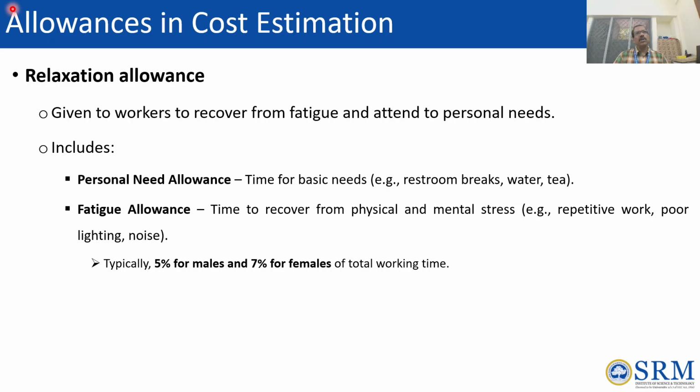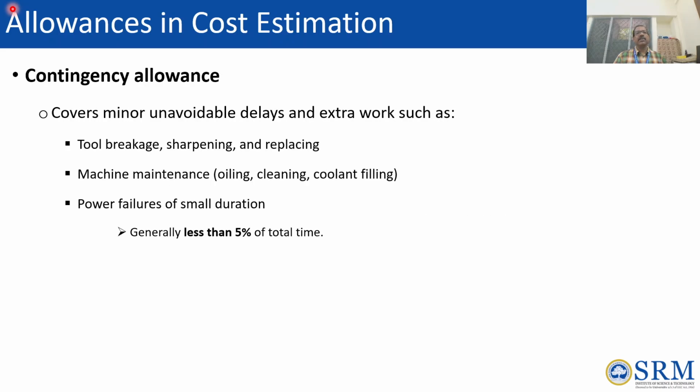You should not calculate for the full 8 hours, saying this person working 8 hours might complete 100 components. Instead, reduce that 5% time from the 8 hours, then calculate the total number of products that can be made. And for female, you need to give an extra 7% of the total working time. So this is relaxation allowance.